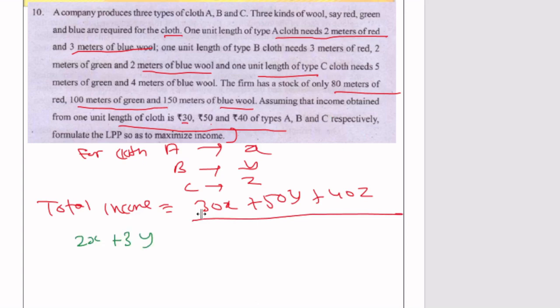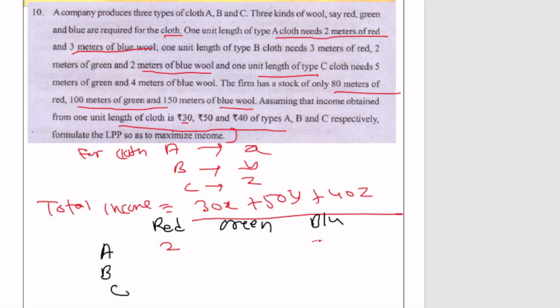So to avoid confusion, you can do one thing. In the previous question, they have already created a table. Here also you can create a table, so it will be good for you. So let's see how we can create a table for different cloths. Let's see A, B, and C, and the types of wool they are going to use: red, green, and blue. For A, 2 meter of red and 3 meter of blue.